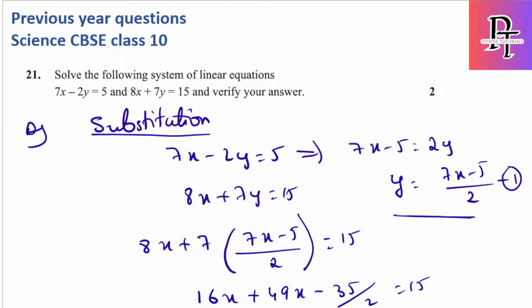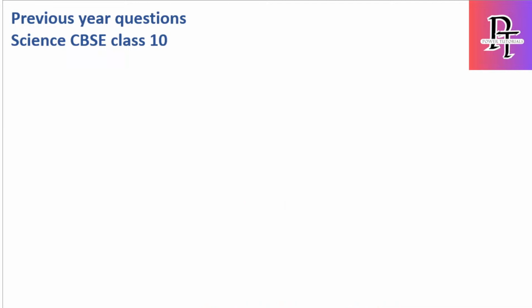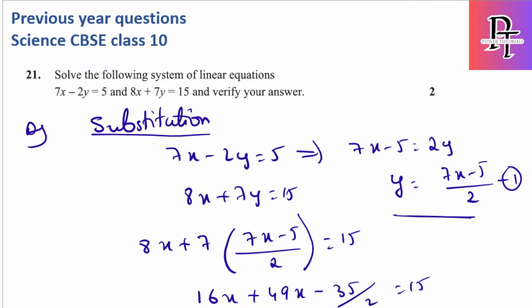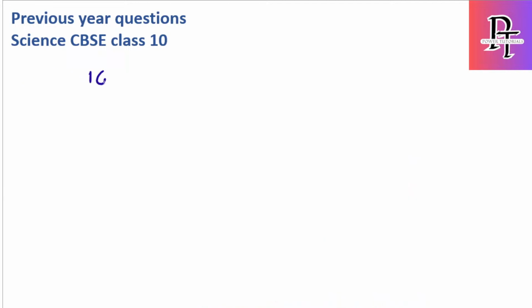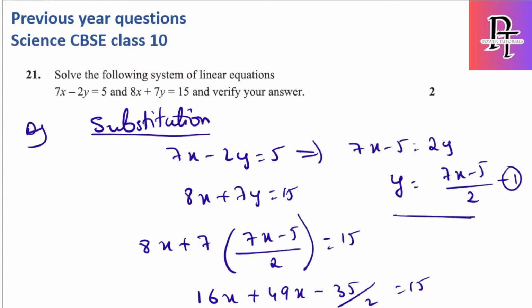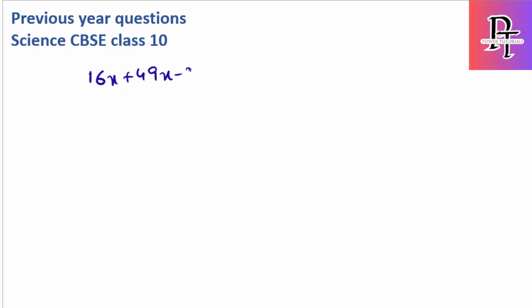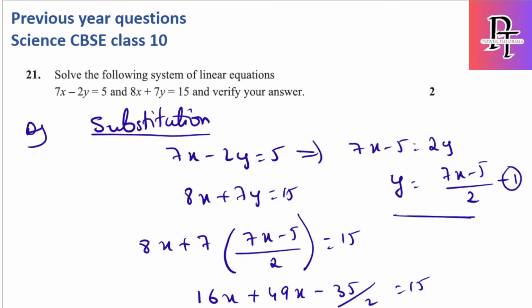So let's continue in the another slide. The last step is 16x plus 49x minus 35 by 2 is equal to how much? 15.